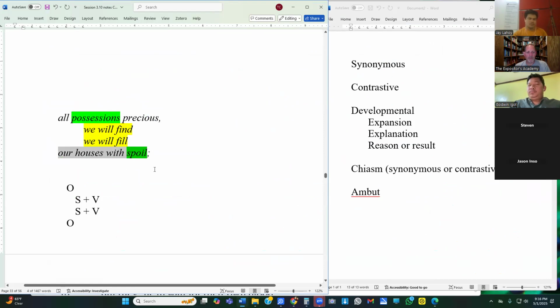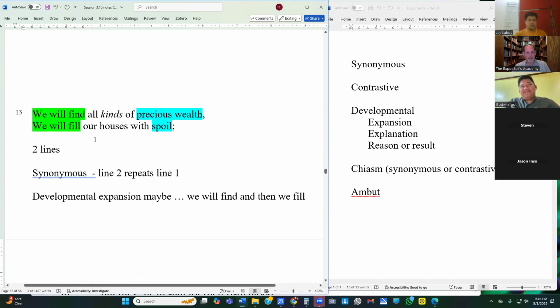So it looks like there could be a chiasm here, because we will find is what ends line 1, and we will fill is what begins line 2, even though the English doesn't show that. That's the problem with chiasms, like I mentioned in class: sometimes we don't see them because the English translation doesn't follow the word order.